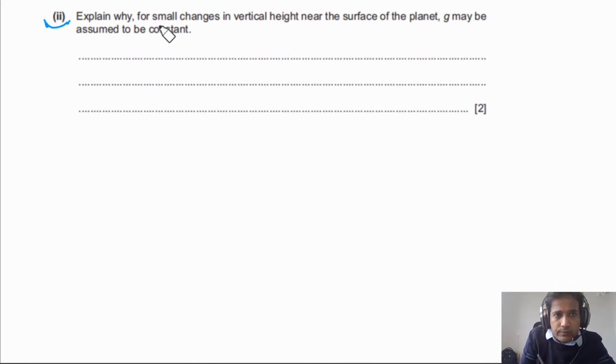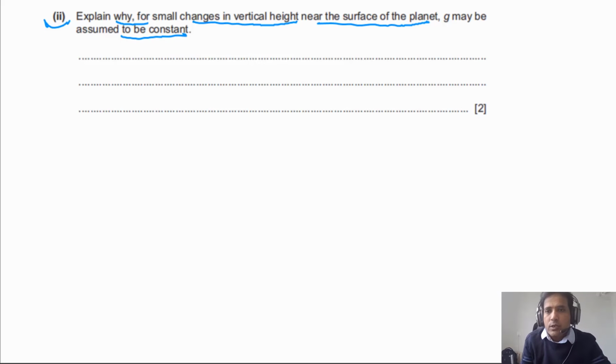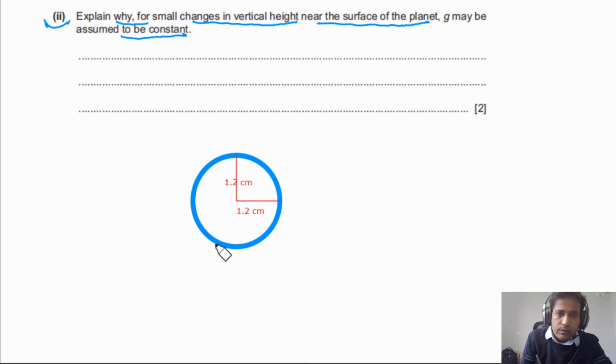For the second part, we need to explain why, for small changes in vertical height near the surface of the planet, g may be assumed to be constant. Again, we go back to the planet and redraw it. Now let's take a point x here.